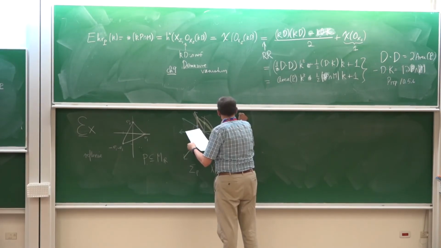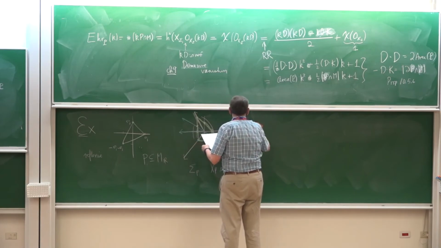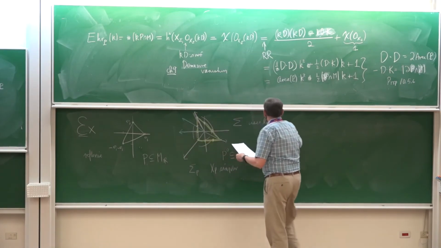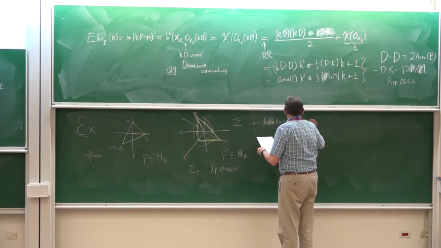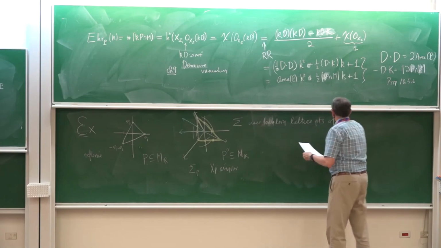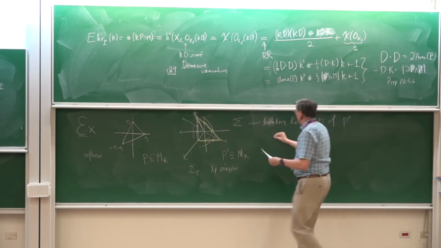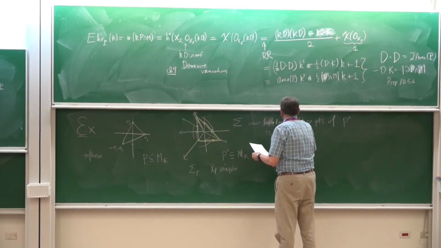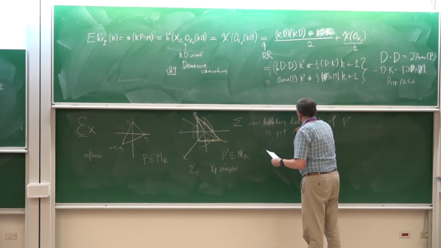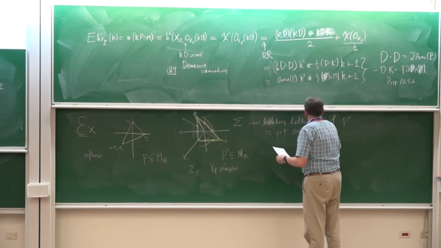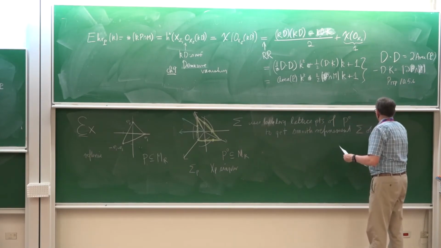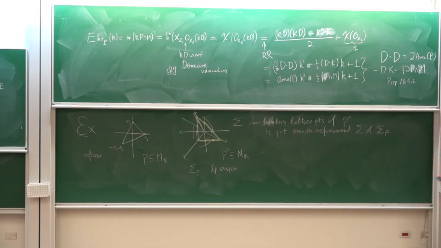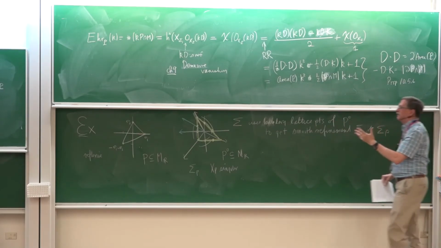So I get sigma uses boundary lattice points of P dual to get a smooth refinement of sigma P. So now you see I'm back in the game that I was playing, because remember, I had a lattice polygon, I got a smooth refinement.